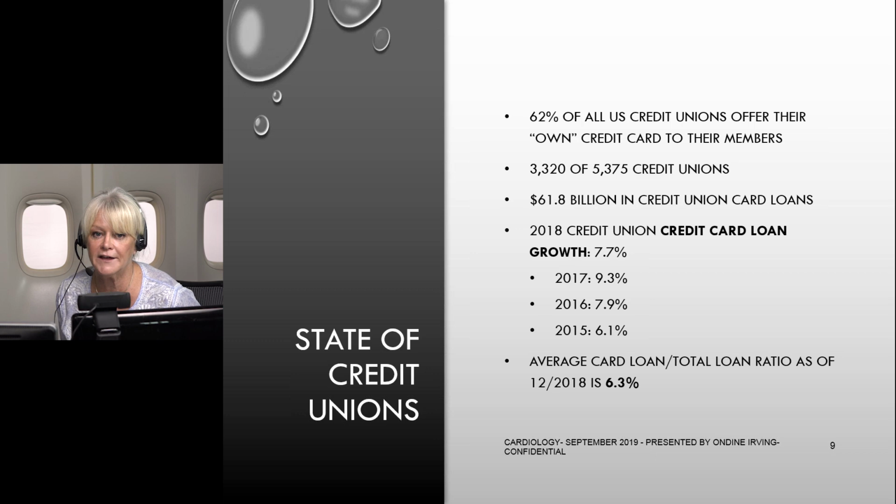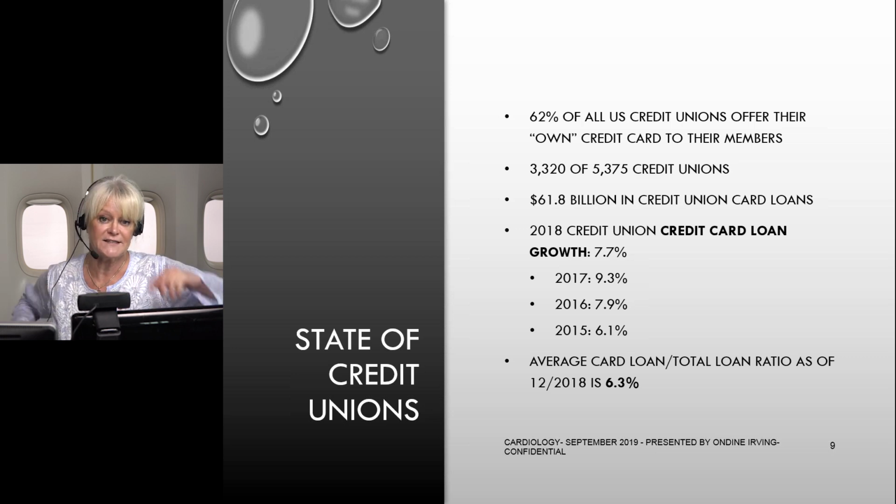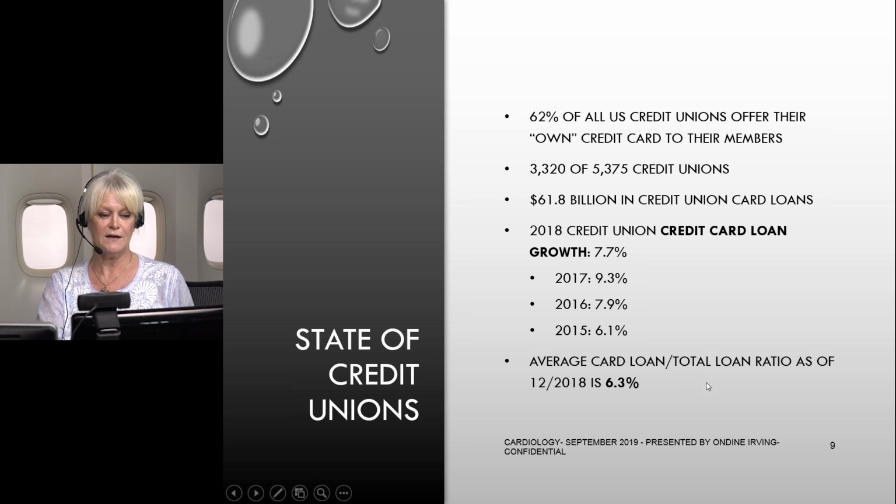And keep in mind, our profitability model is very much different from banks because we are loan based. We want the loans. Yes, it's a payment tool, but that's secondary to the loan balances that we need to get on our programs. So keep that in mind.